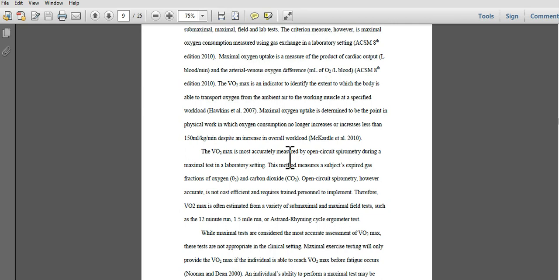You go to PubMed or Google Scholar and look up female VO2 higher than men. Probably won't happen because it doesn't exist unless the female's really, really fit and the male is highly unfit, which could happen. Okay, but anyway, you want to get some literature to back that up. This is how I want you to cite everything. Okay, so it's the last name of the author, Hawkins et al., 2007 with the year. Okay, and make sure it's before the period.